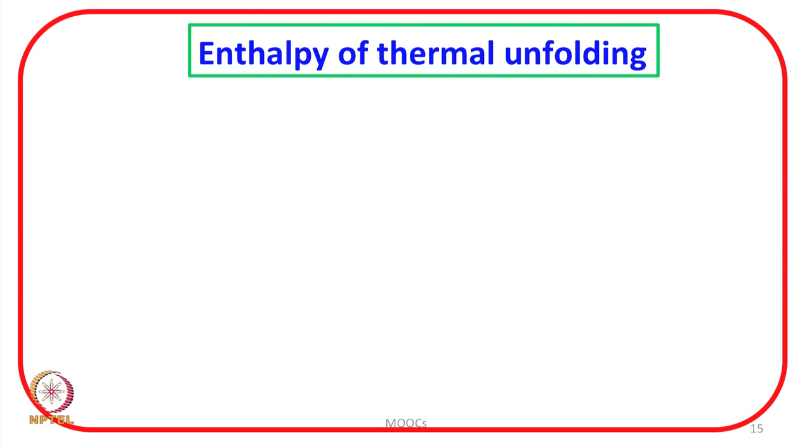First of all, the enthalpy of thermal unfolding. We have thoroughly discussed the meaning of heat capacity and its connection with the change in enthalpy. Heat capacity at constant pressure is defined by dH/dT at constant pressure. You see here we are talking about constant pressure.